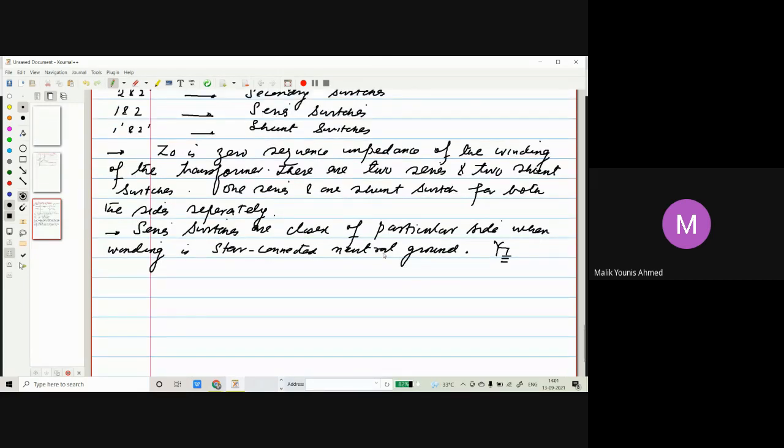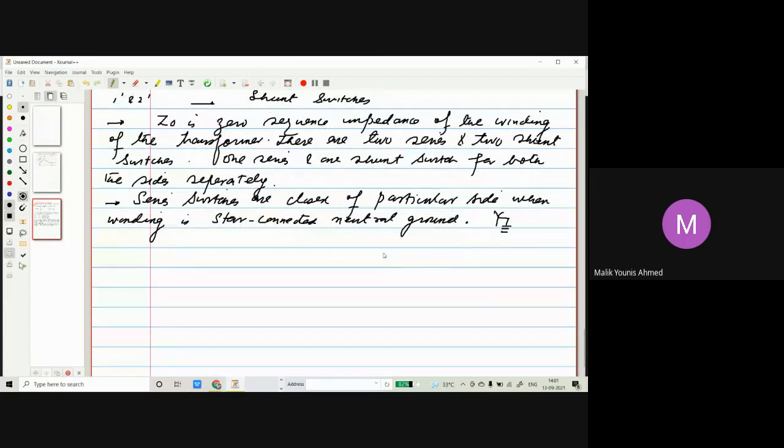If it is on the primary side, it will get closed. If it is on the secondary side, it will get closed.